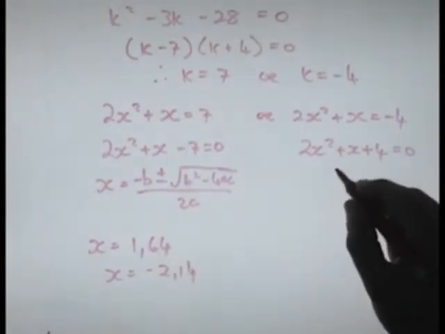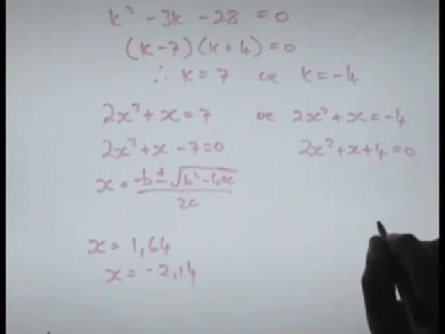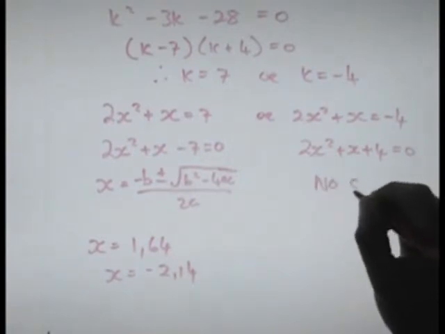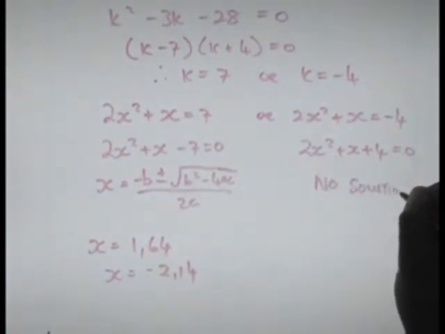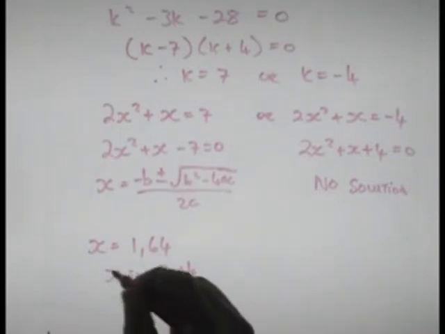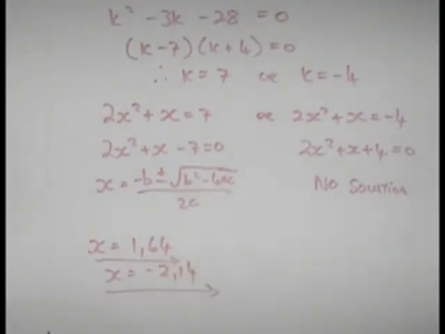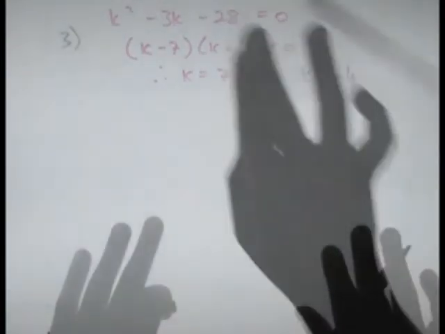For this one here, if I try and use my quadratic formula or completing the square or anything else, I'm going to get to no solution. So my only two possible x values are positive 1.64 or negative 2.14, both rounded off to 2 decimal places.